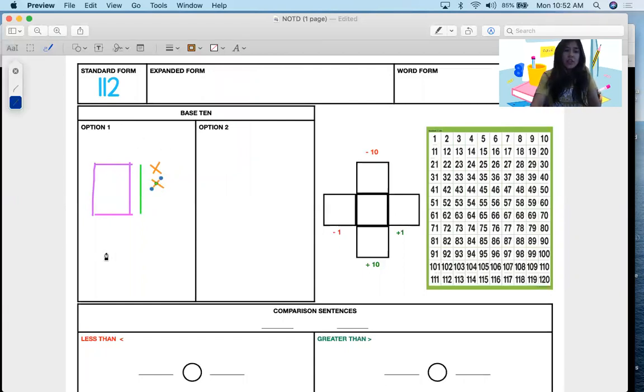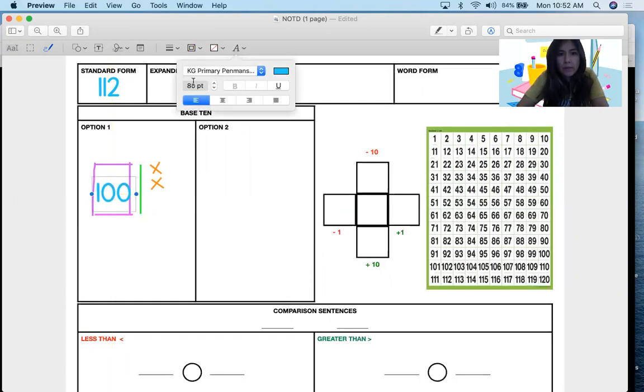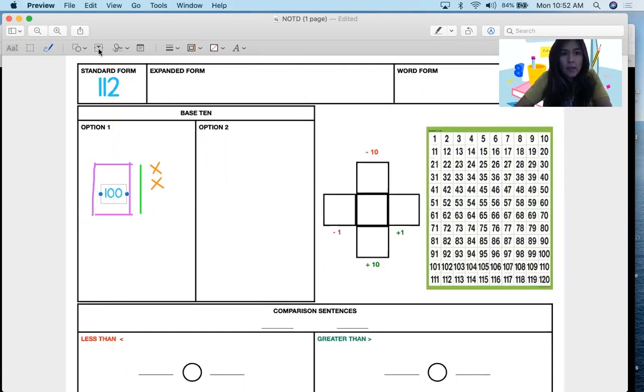There we go. Now I just represented the number 112 with 100, 10, and 2 ones. I'm going to make this number smaller and write it under there. So the value of 100 is 100. The value of 1 ten is 10. The value of 2 ones is 2.